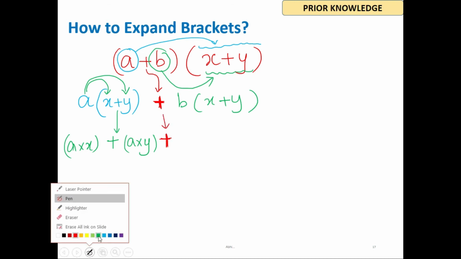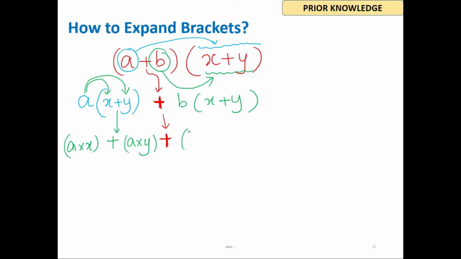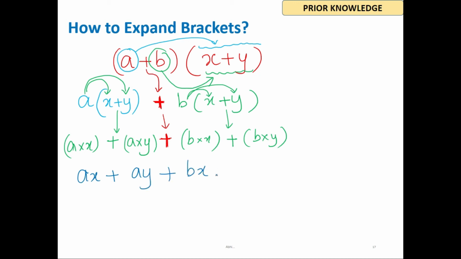And now look at the expansion for b. b getting multiplied with x. And then this is the same plus sign. And you have b getting multiplied with y. This is how your final answer is going to look like: ax plus ay plus bx plus by. So this is the expanded form.